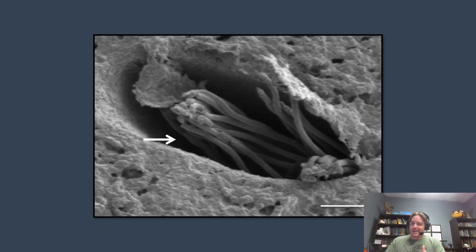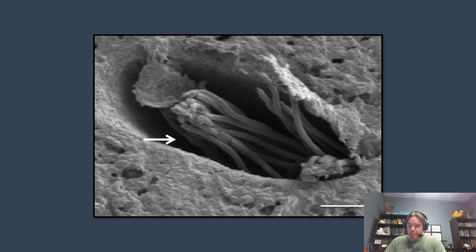So what has to happen is the sperm have to wait around for the appropriate time to fertilize an ovum. And so inside of the oviduct, there are these sperm storage tubules, and that's what you see in this picture on the left.